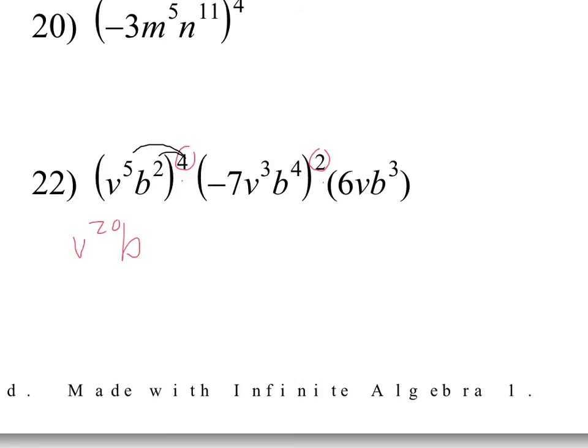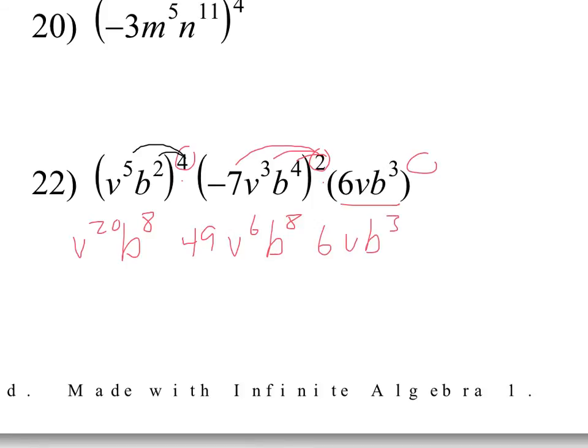So 20, b squared to the 4th is now to the 8th. The 2 gets distributed. Now negative 7 squared is negative 7 times negative 7, which is 49, positive. V to the 3rd raised to the 2nd becomes 6. B to the 4th raised to the 2nd becomes 8. And now this last one, there's no power out here, so it's just left as is.